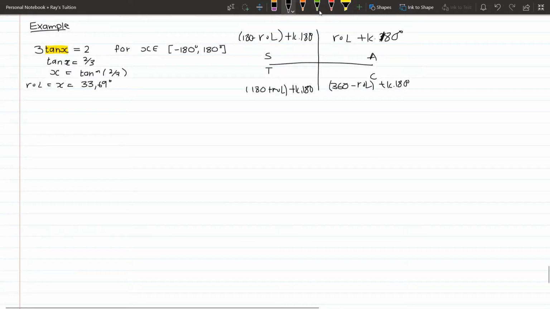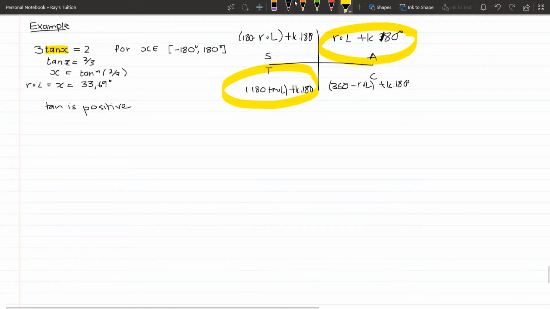Now we have here that tan is positive. So we're looking for the solution where tan is positive, and tan is positive, as you can see, in the first quadrant where everything is positive, and in the third quadrant. So we write out the solution for the first and the third quadrant.